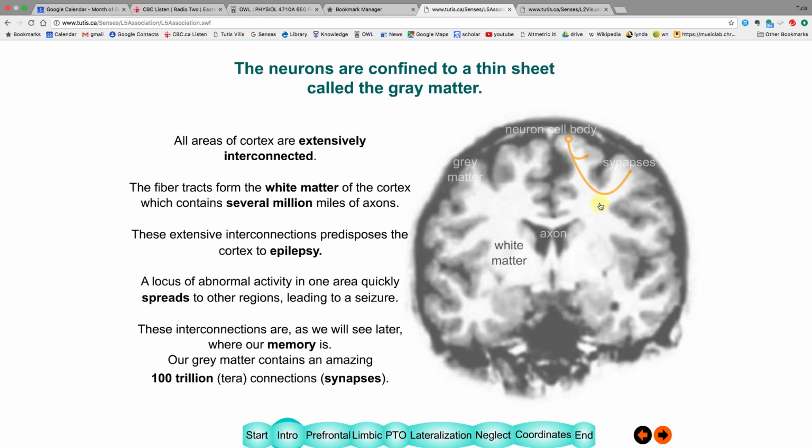These extensive connections are the important thing about the brain, but it's also what makes the brain susceptible to things like epilepsy. If something wrong happens here, this area starts firing, and this inappropriate activity quickly spreads throughout the brain through these extensive connections.